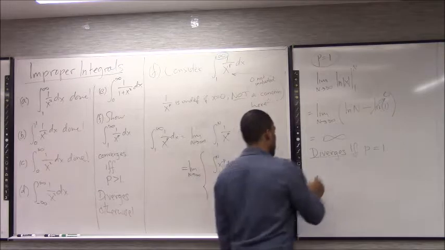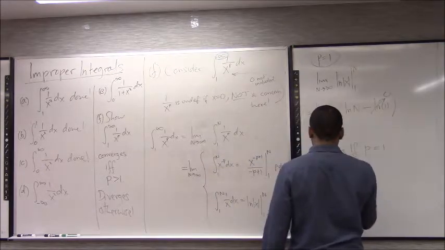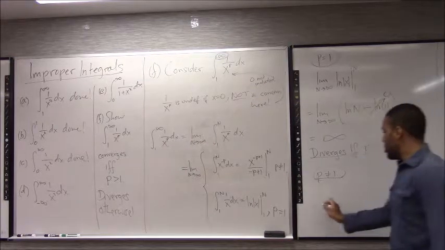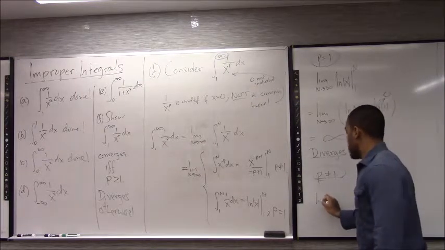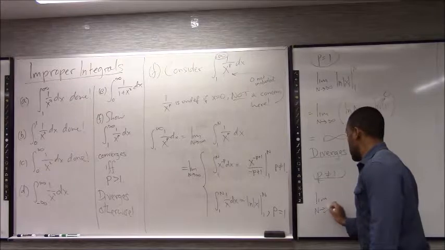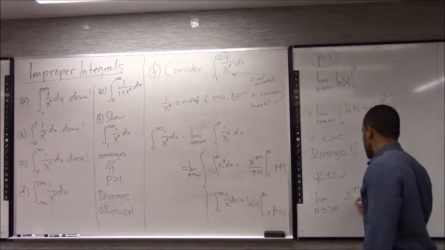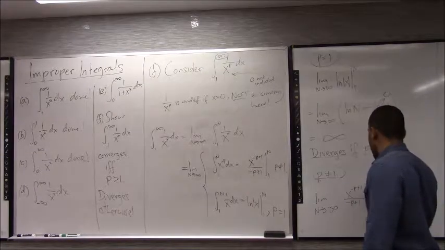Now if my p is not equal to 1, let's deal with that situation. Well, now it becomes the limit as n approaches infinity of x to the minus p plus 1 over minus p plus 1 between 1 and n.